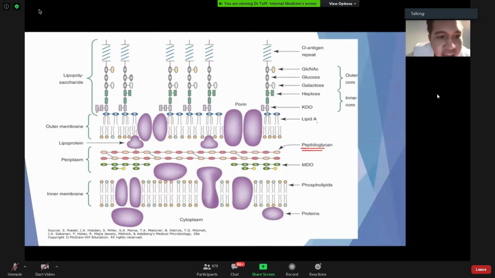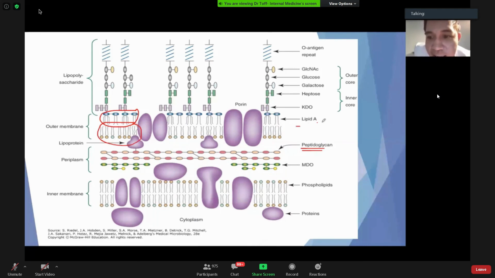Now, please remember this. The outer membrane portion contains the outer portion and an inner portion. So ulit ha, yung outer membrane, dalawang portion. Outer portion of the outer membrane and the inner portion of the outer membrane. Ang mahalaga po ay ang outer portion of the outer membrane.